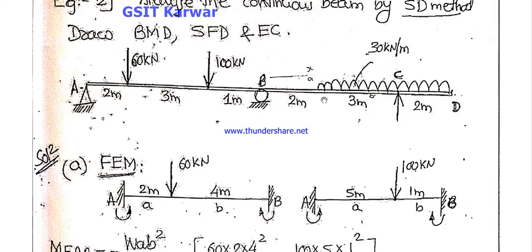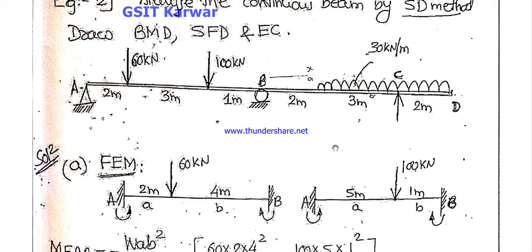Let us think about how we are going to calculate this. The UDL acts on the span BC up to 3 meter from point C, but the remaining span is free, that means 2 meter is free from any other load.